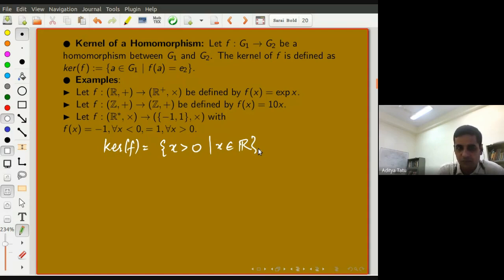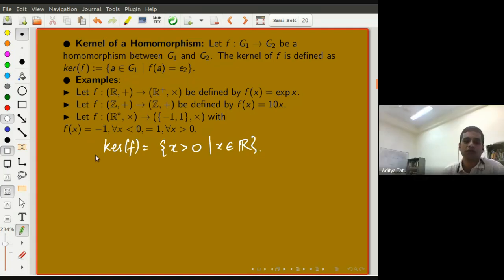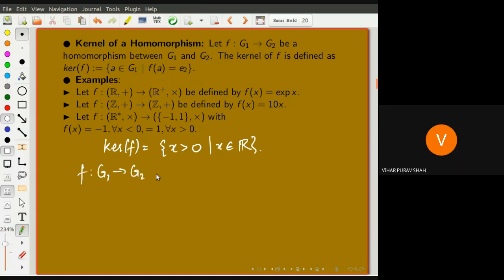What would be the kernel of the trivial homomorphism? So it will be the identity of the first group. No. So what is the trivial homomorphism f from G1 to G2? G1 itself, the whole G1. Exactly, right?